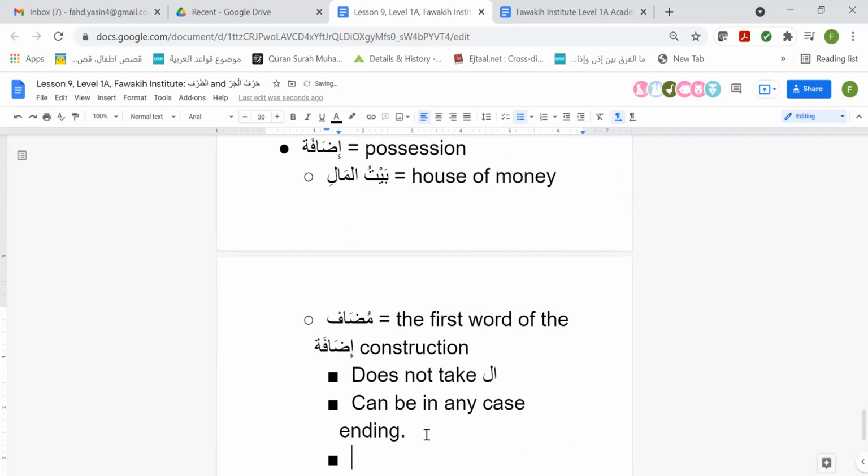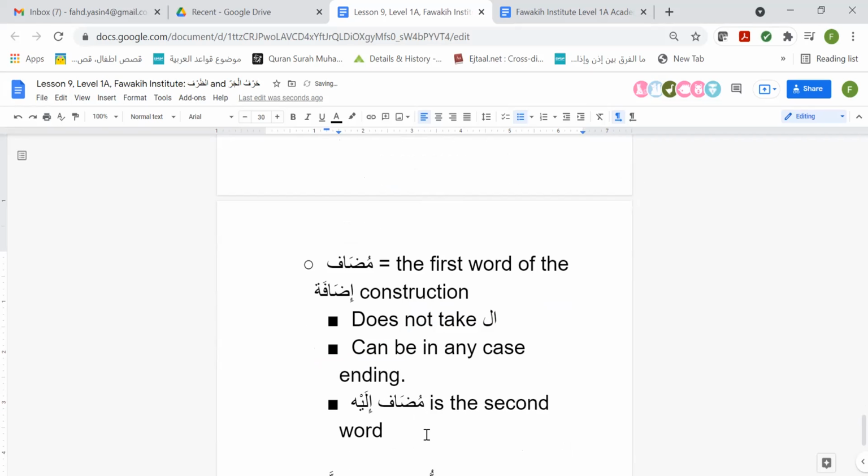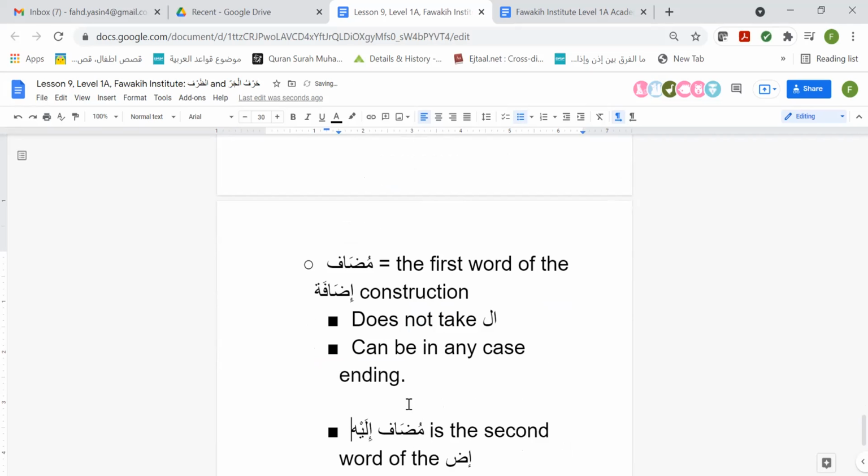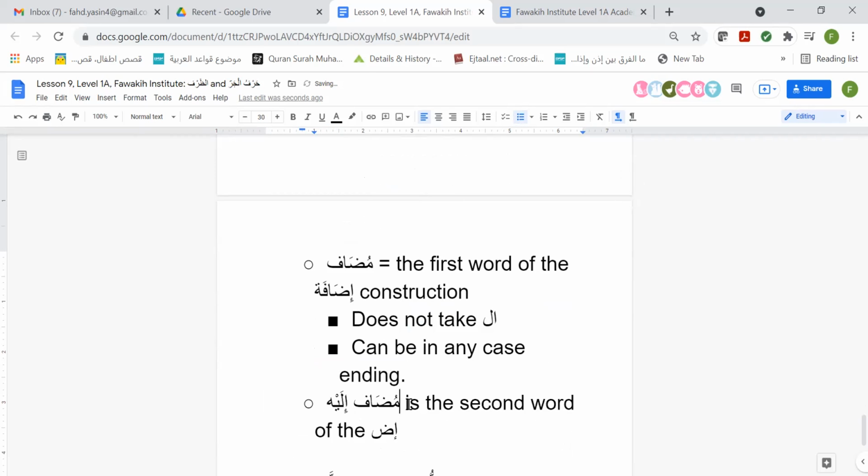Now the mudaf ilayh is the second word of the idafa. Technology is failing me now. Okay, perfect.